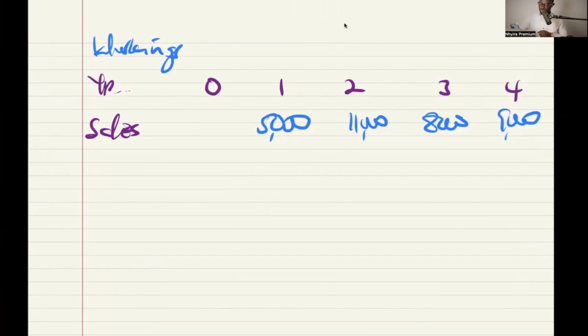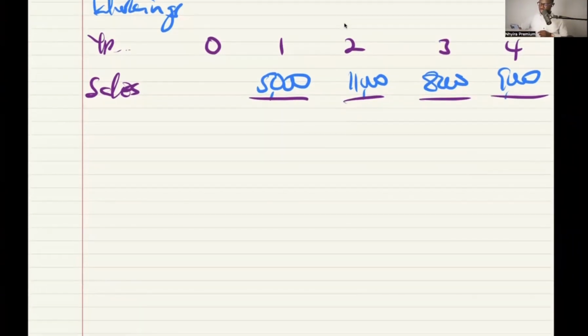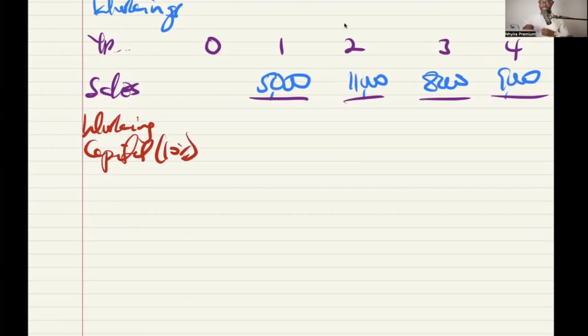Then we work for the working capital requirement. They said 10%. So 10% of 5,000 is 500, 1,100, 800, and 900.